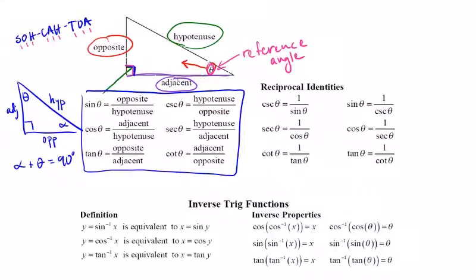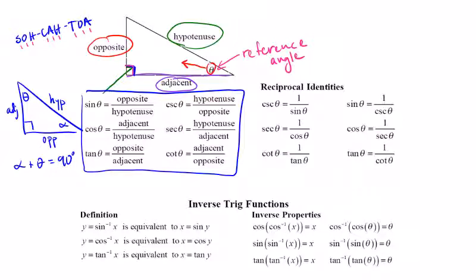And then we have tangent and cotangent. Tangent is opposite over adjacent. Cotangent is adjacent over opposite. They have that same relationship where they're reciprocals of one another. So cotangent is 1 over tangent, and tangent is 1 over cotangent.